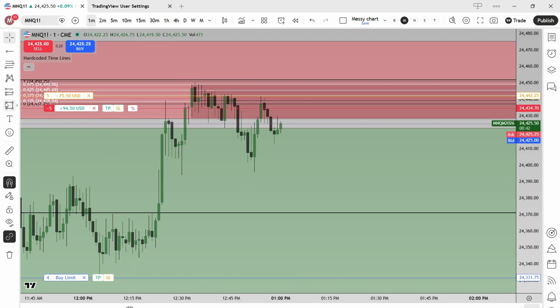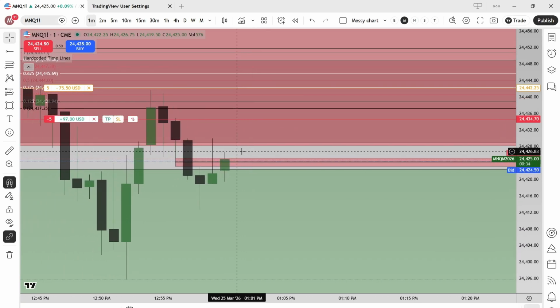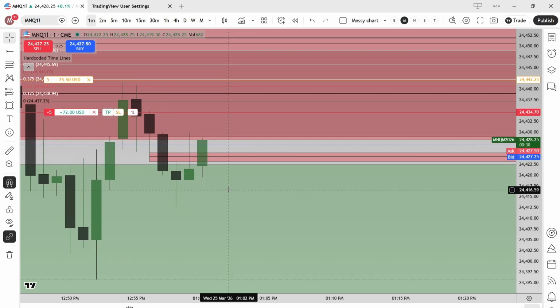Touch on that fair value gap again. Close above that would be not ideal. That's perfect.